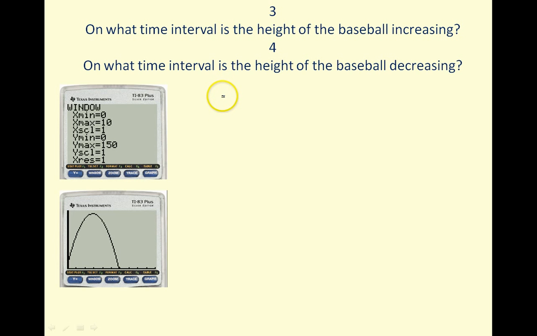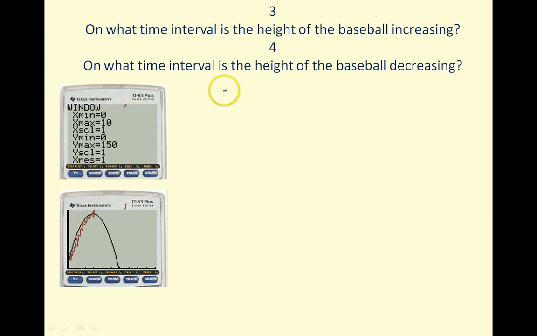So I would definitely say that on this graph that we are increasing from here until we reach that maximum height. So we're going to estimate that. That maximum height is reached at about 3. And for right now, I'm good with that for this part of the question. Lost my cursor again.